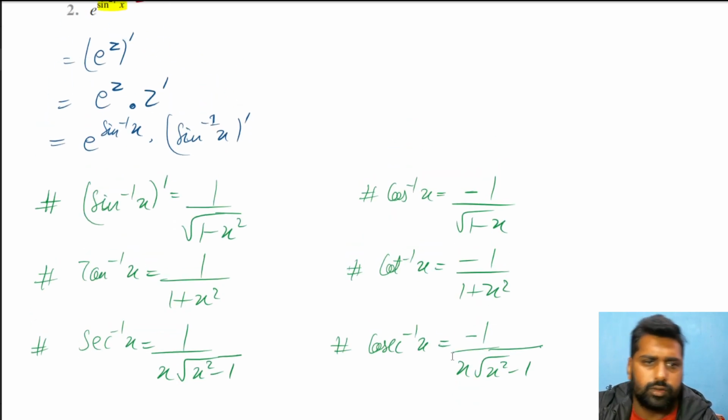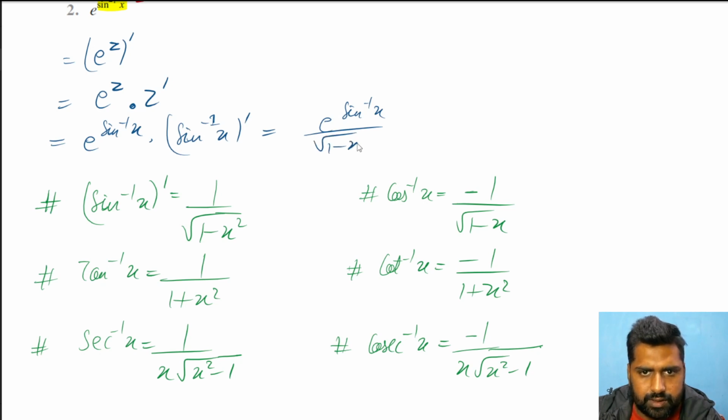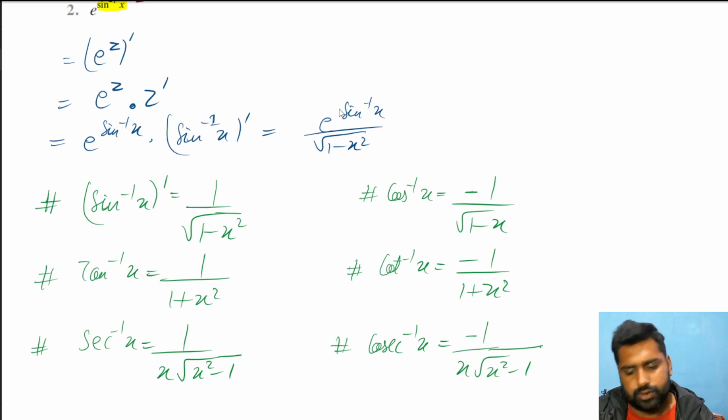All right. So now I think we can do this based on these rules. Sine inverse x differentiation is e raised to power sine inverse x upon square root of 1 minus x square. All right. Done.